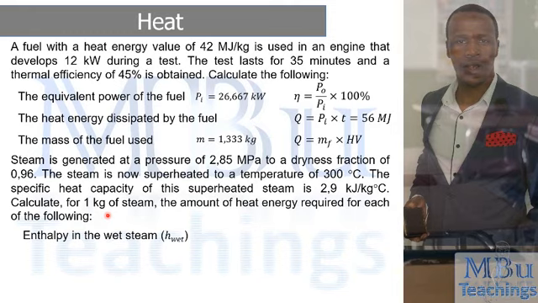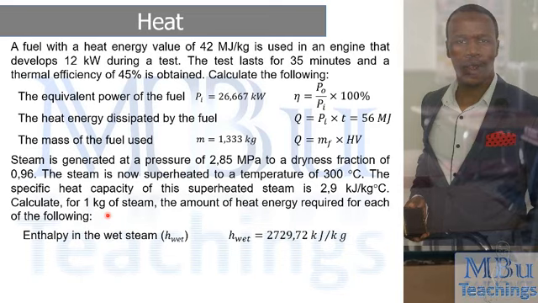The first one they are talking about is enthalpy in the wet steam. The enthalpy in the wet steam is number 1. You have the formula in the formula sheet for this one. Then that is the answer if you just substitute everything into that formula.